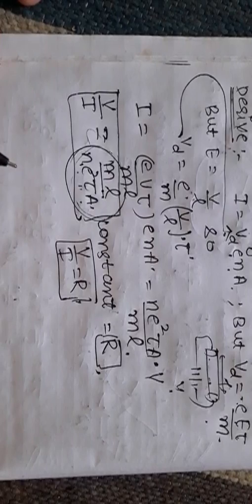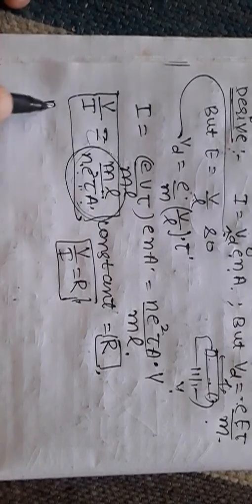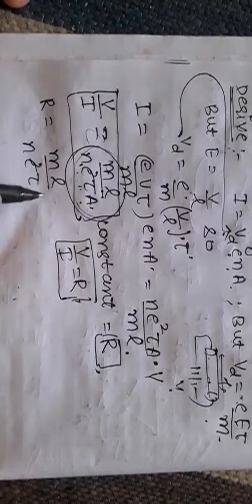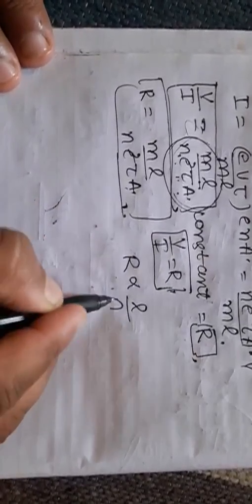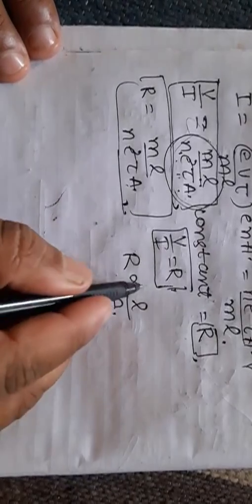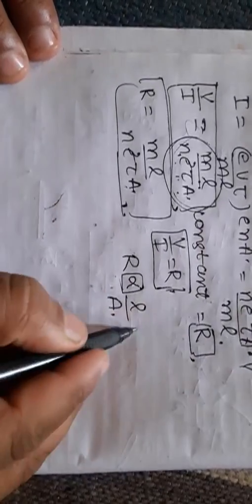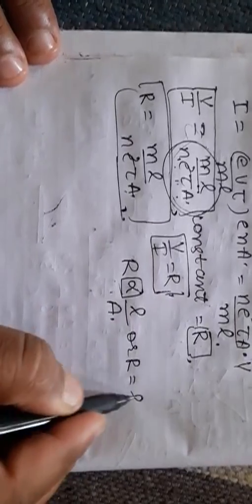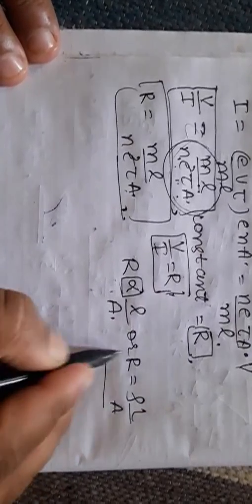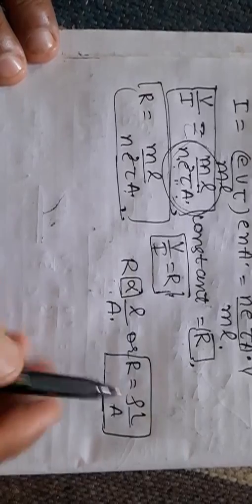Clear? So henceforth, what is resistance? R = m L upon n e squared tau A. But in class 10th, you wrote that resistance is directly proportional to length and inversely proportional to area. And again in class 10th, when you remove the proportionality sign, you get a constant rho: R = rho L by A. What was rho?